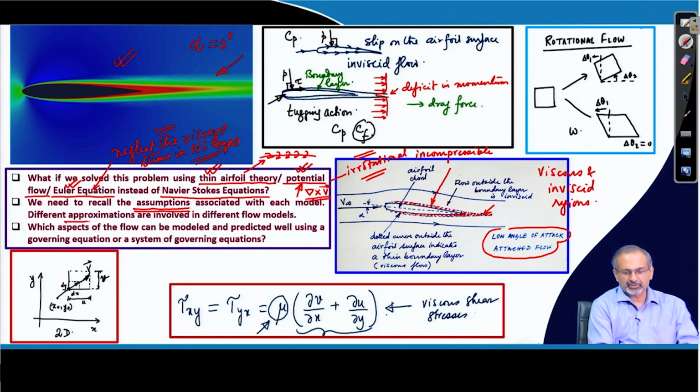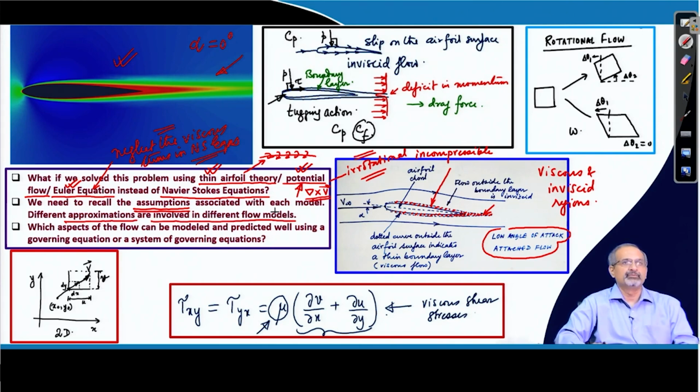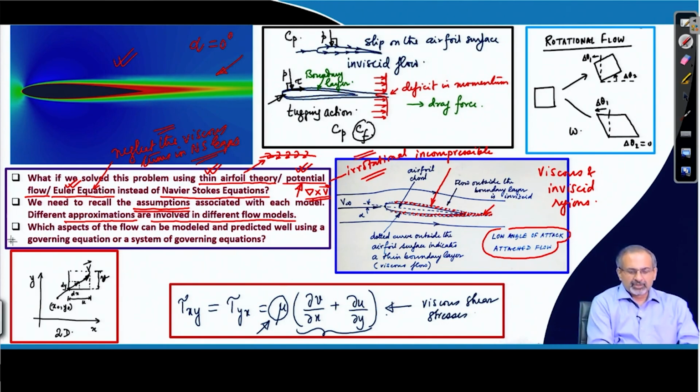So, the different approximations involved in the different flow models have to be very well set in your mind when you look at results like this. That is a very, very important message that we are trying to send. And then, coming to the last bullet point: which aspects of the flow can be modeled and predicted well using the governing equations or a system of governing equations? That also should be well understood by you.